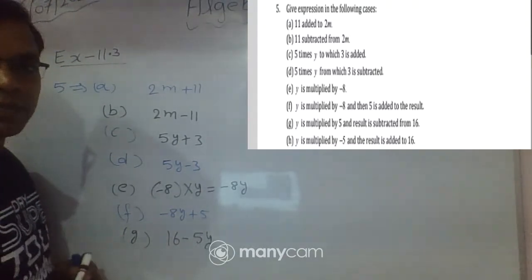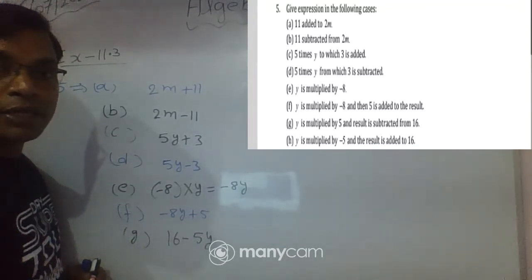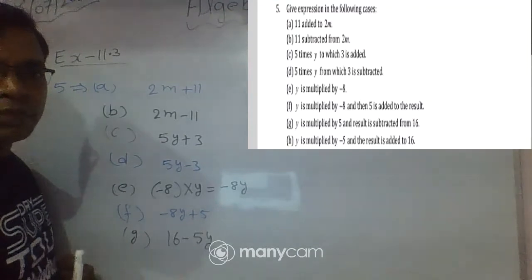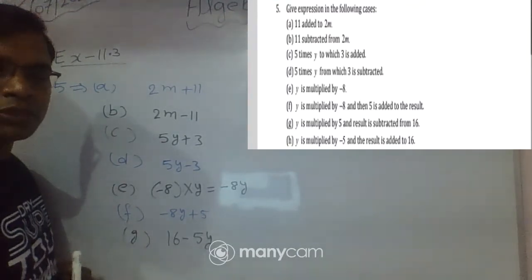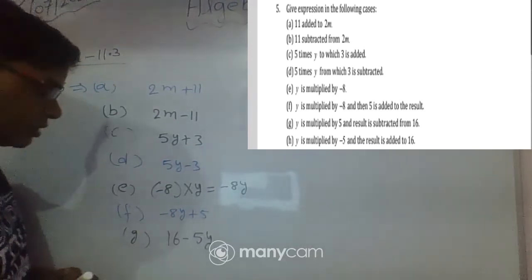And the H part, y multiplied by minus 5 and the result is added to 16. This is very simple. So first if we multiply y by minus 5, the result is minus 5y. After this we add 16.